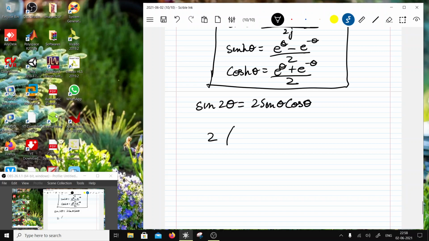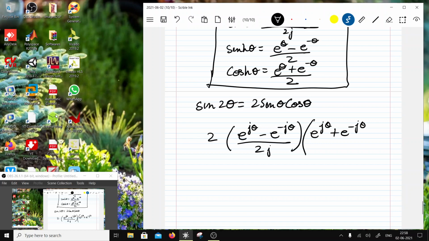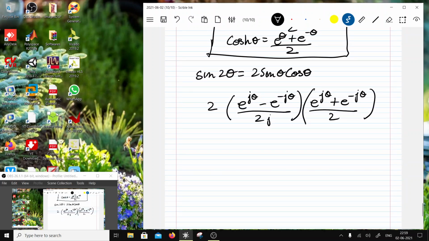So I can say this is the same as e raised to j theta minus e raised to minus j theta divided by twice of j into e raised to j theta plus e raised to minus j theta divided by 2. Correct?